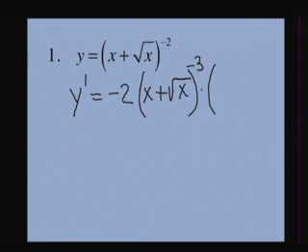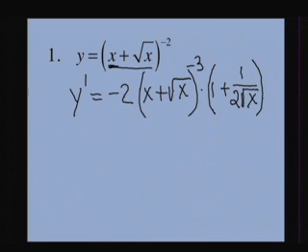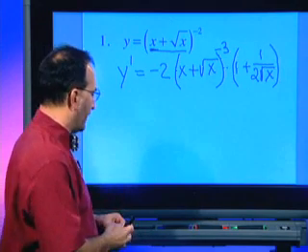The inside function is this x plus radical x. The derivative of x is 1 plus the derivative of the square root of x works out to be 1 over 2 radical x. And we'll just leave it in that form, although certainly you could simplify that.